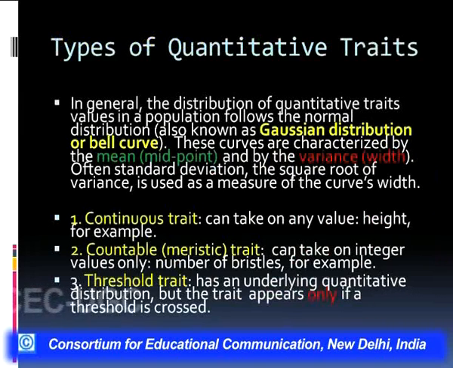So, in other words, we have a bell shaped curve or a Gaussian distribution, and when we are making a graph, we have to be very, very careful whether we are talking about variance, that is the width of this graph, or are we talking about the midpoint. So, that means these are the continuous traits which can be before, on, or after the threshold.